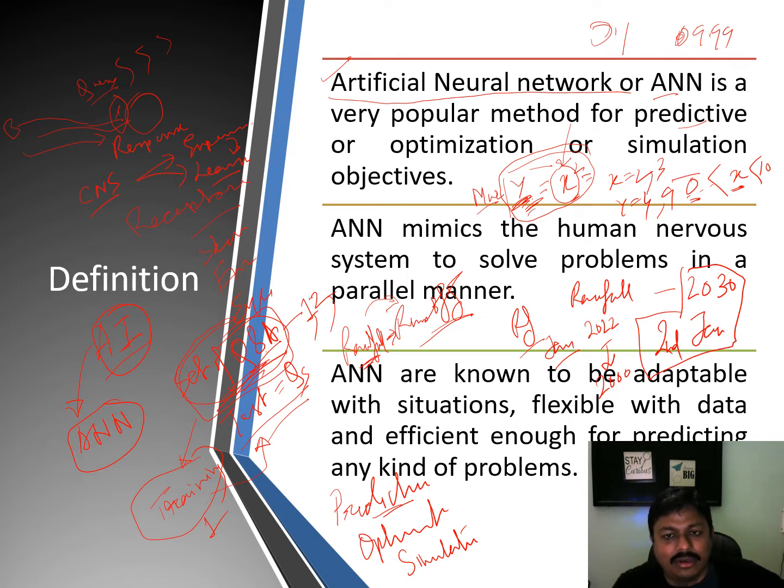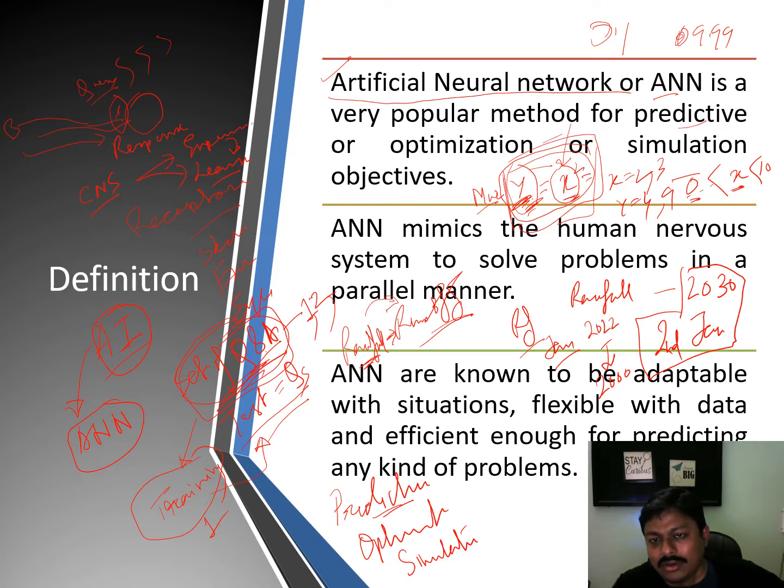Here already y is equal to x squared, I know the equation, but some problem may arise where this equation is unknown. At that time you have to develop a model, predict the relationship between x and y, and then use that equation to find the maximum value of y based on the value of x.